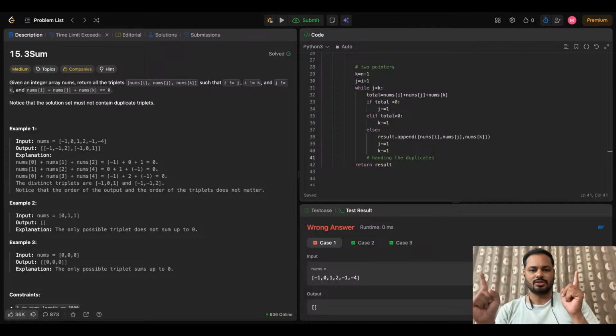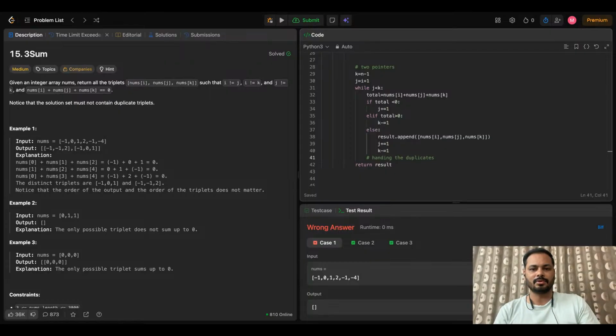So k should be at this point, j should be at the second position, index 1, and I should be at index 0. j will traverse if the sum is less than 0. k will traverse if the sum is greater than 0. At some point they will meet, but they should not cross each other.